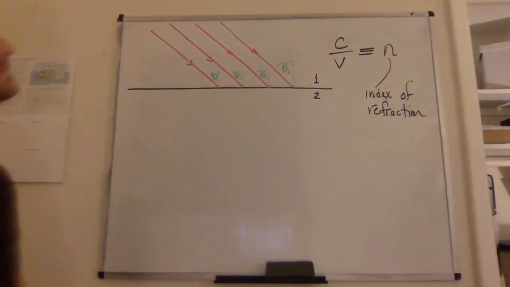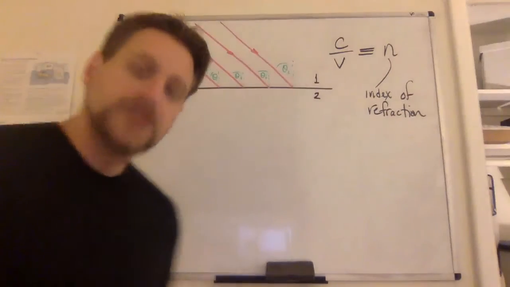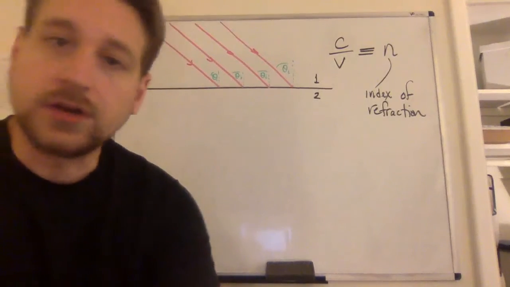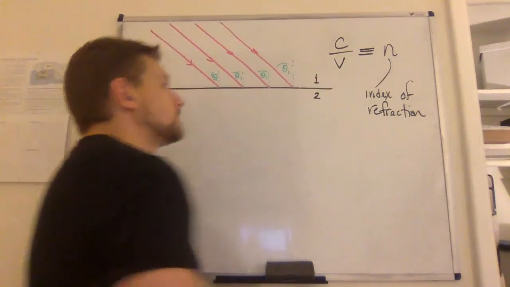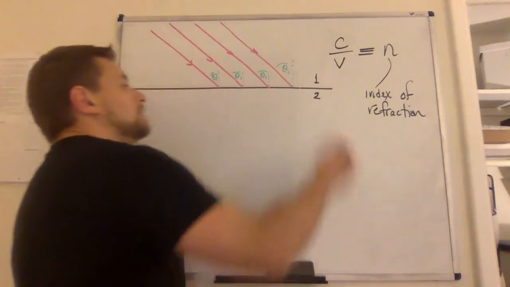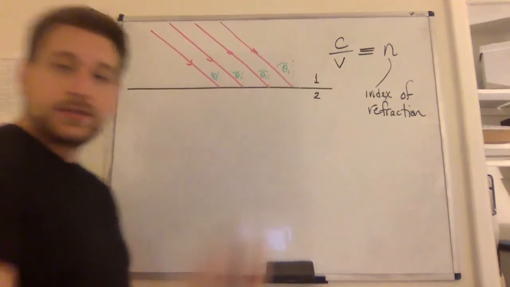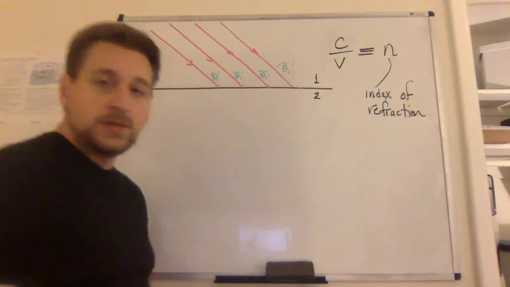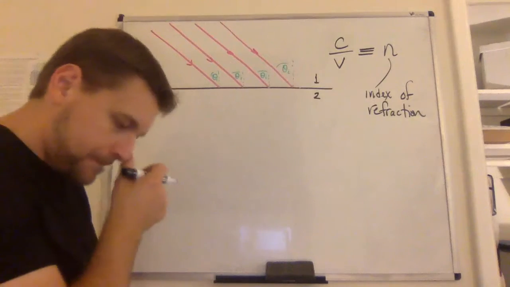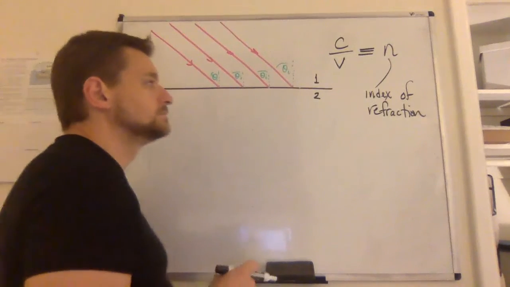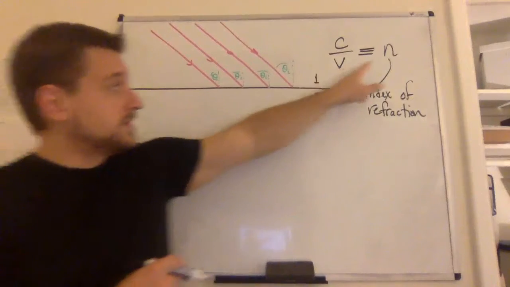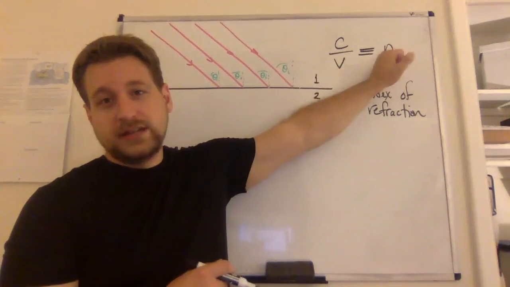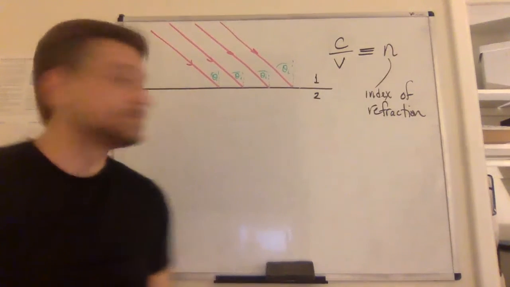Now, suppose the other thing we know about media 1 and 2 is that light travels faster in medium 1. Okay, so if light travels faster, that means it has a lesser index of refraction.